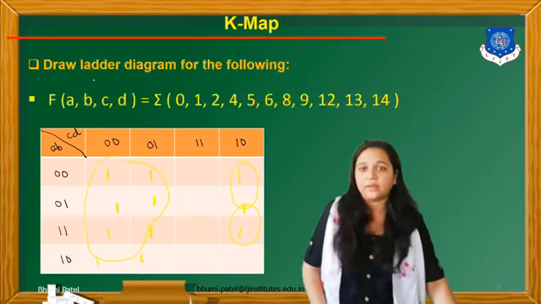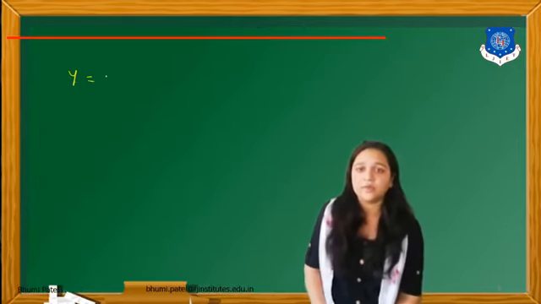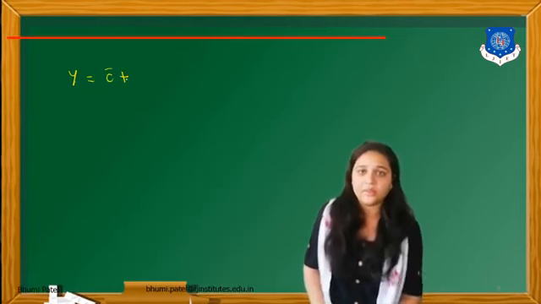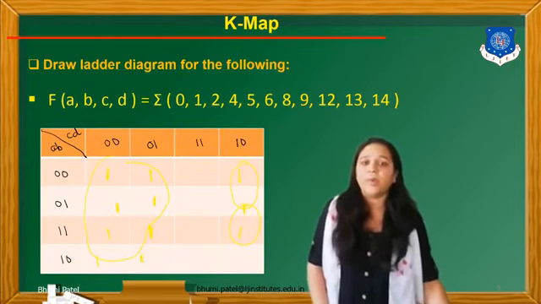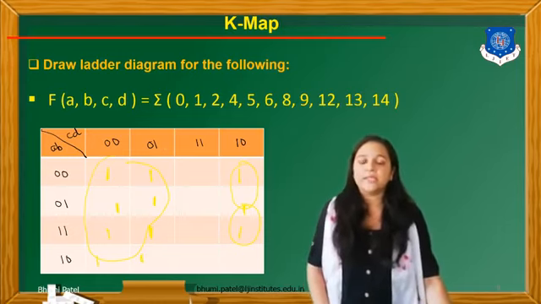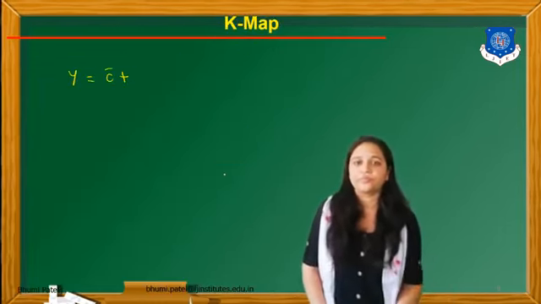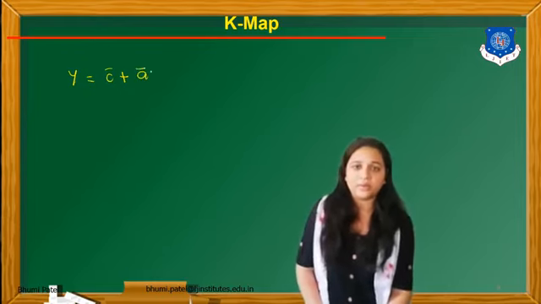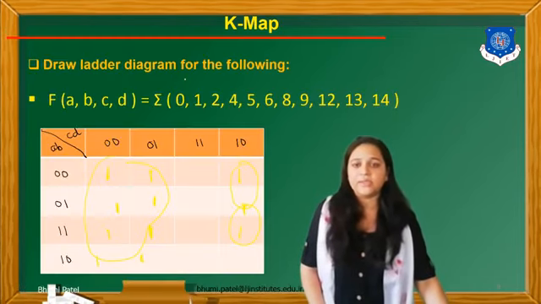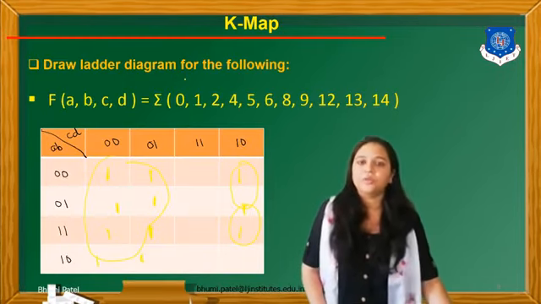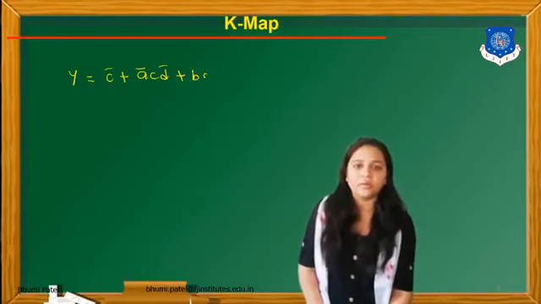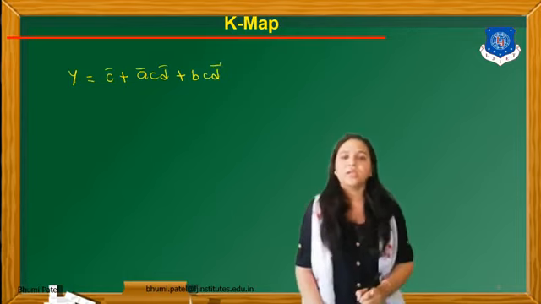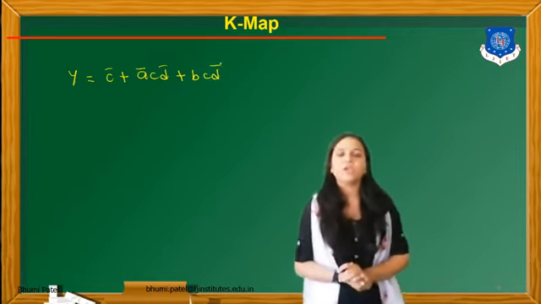Okay, so we can write here Y is equal to C bar plus, here for the 2, 1 we can write A bar into C D bar, plus the second pair is B into C D bar. Okay, so this is the equation for this particular K-map.